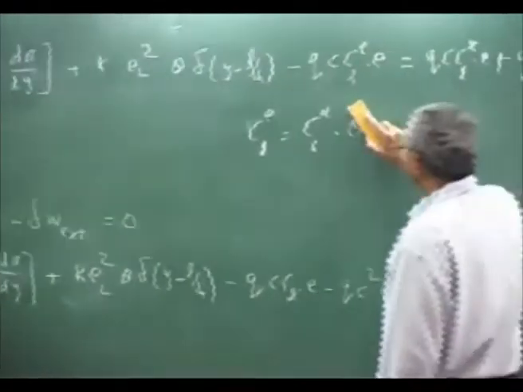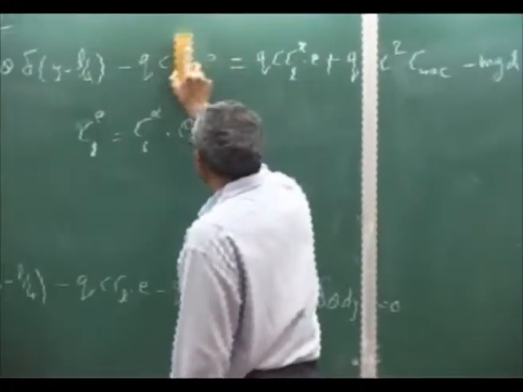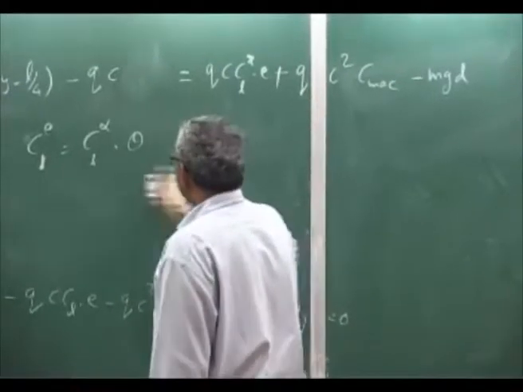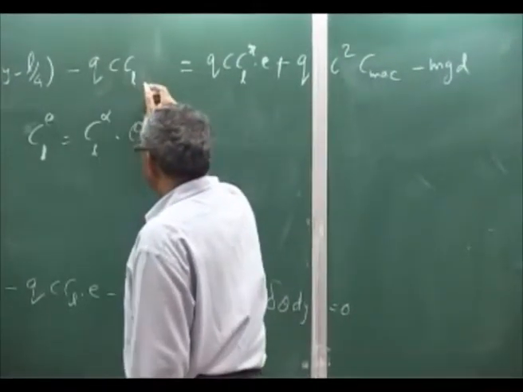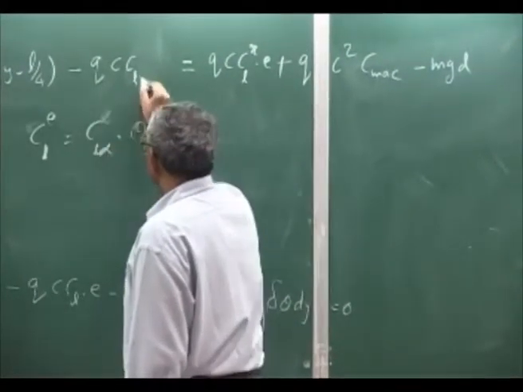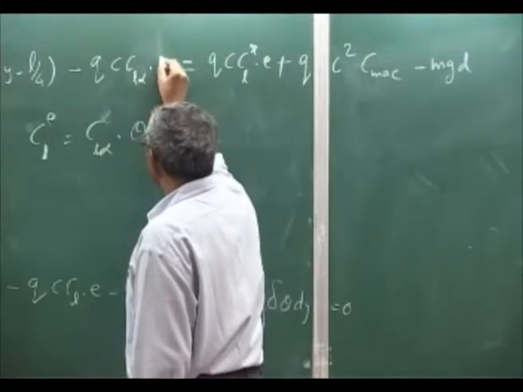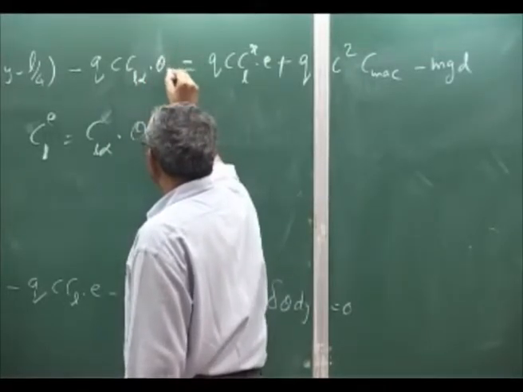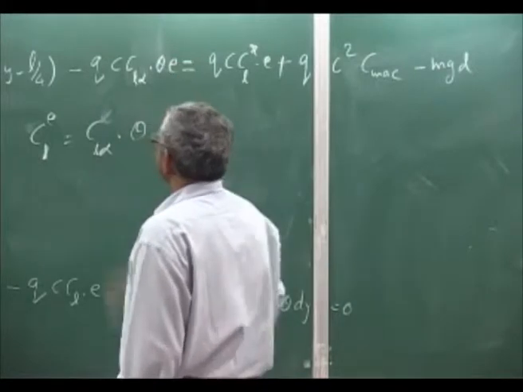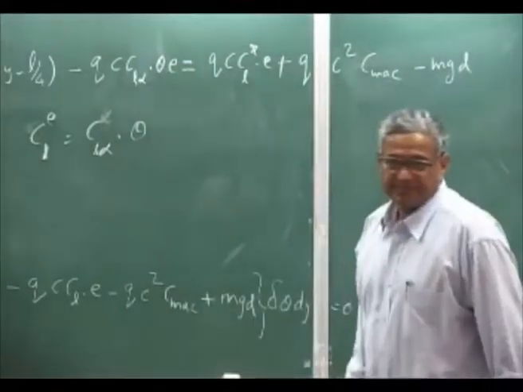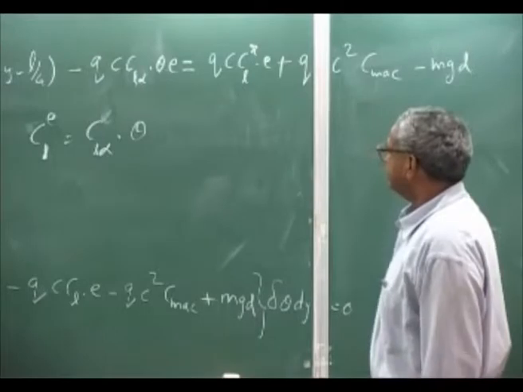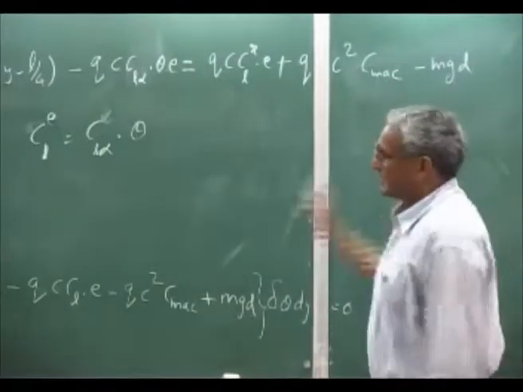So I replace it with C_L alpha into theta into e. I have replaced it. The right hand side I am keeping as it is.